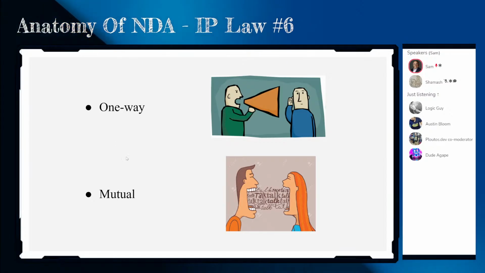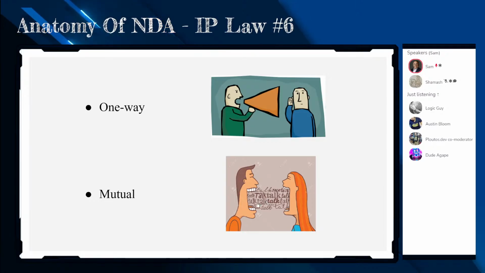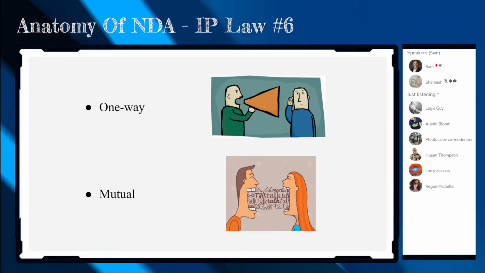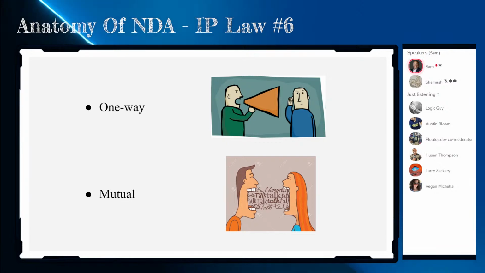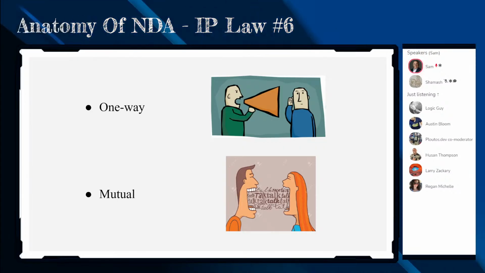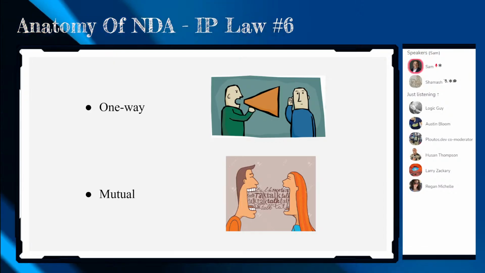Mutual means that we're both exchanging confidential information, and so the duty of keeping something secret rests on both of us. In the top one, the guy on the right has a duty of keeping the information secret, but the guy on the left doesn't, because the guy on the right isn't telling him any secrets. So these are the two types of NDAs.